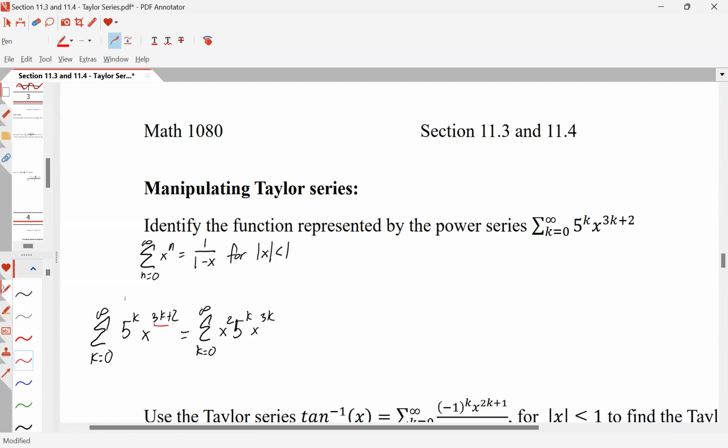I have just taken this exponent and split it up into x^2 and x^(3k). Because this x^2 has nothing to do with k, I can pull that outside of the series. I have x^2 times the series k equals 0 to infinity, 5^k x^(3k).